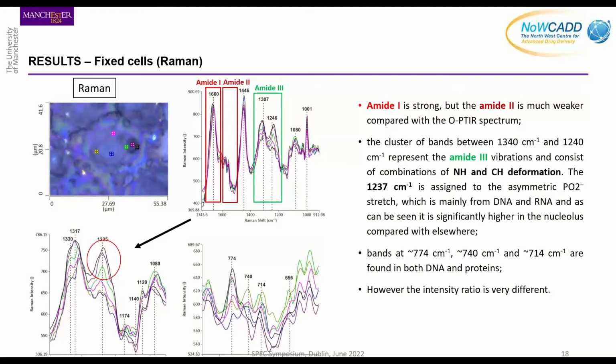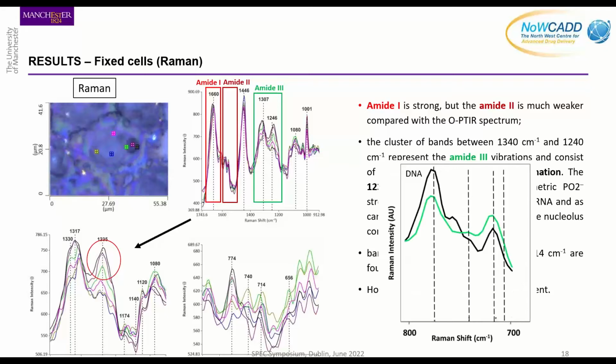But if I just deconstruct that a little bit, the intensity is very different. Here we have the DNA peaks, and that's from the green and black here. But if you move off that to look at the green and the blue here, you can see it's predominantly protein, complete switch, which confirms exactly what we were able to tell using the OPTIR.